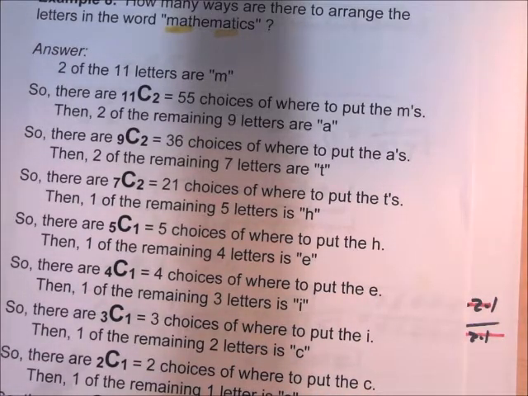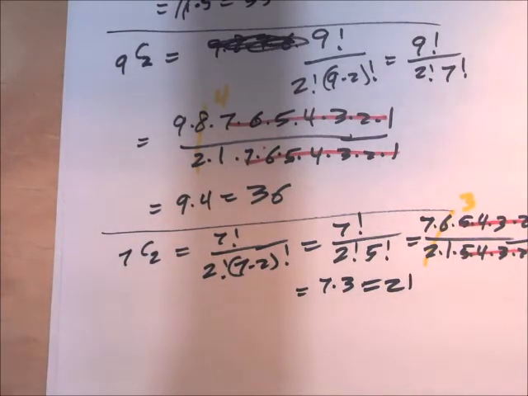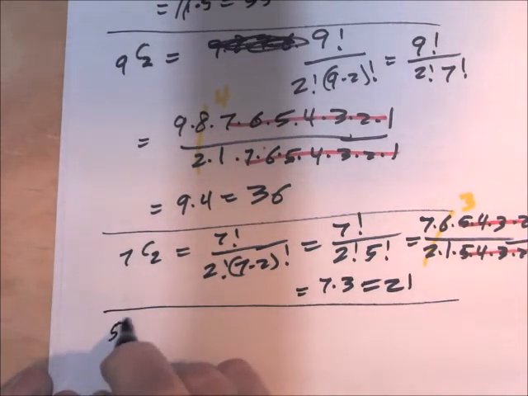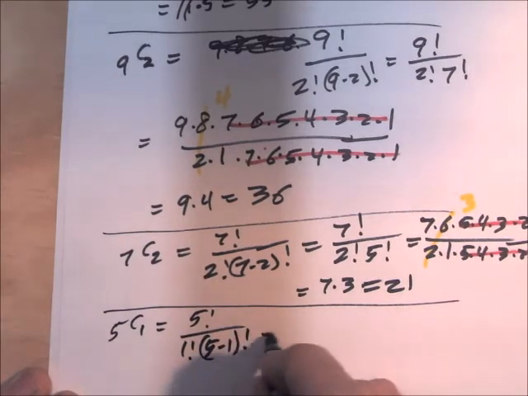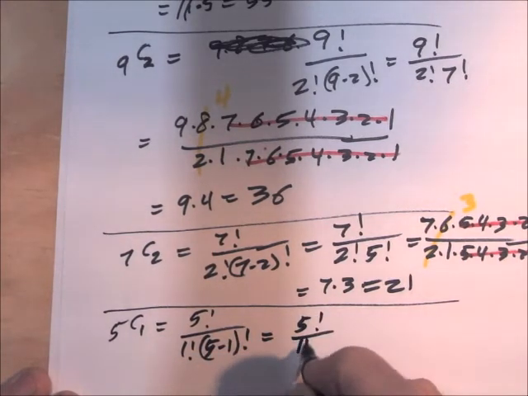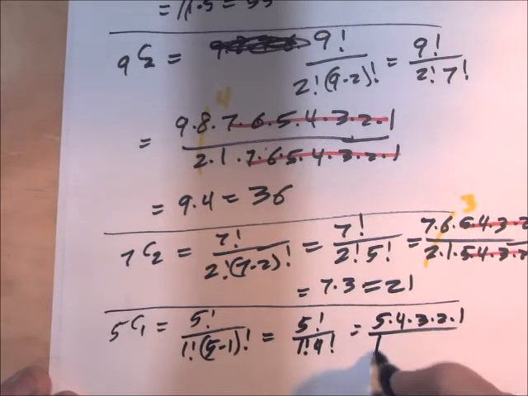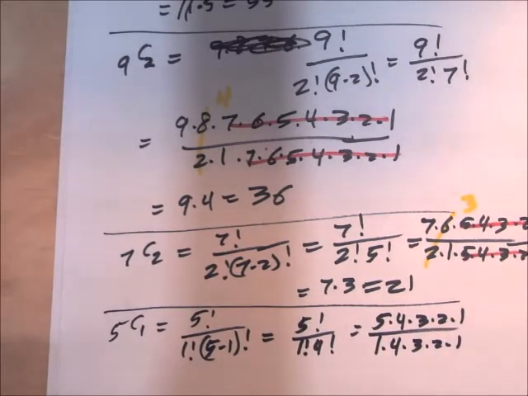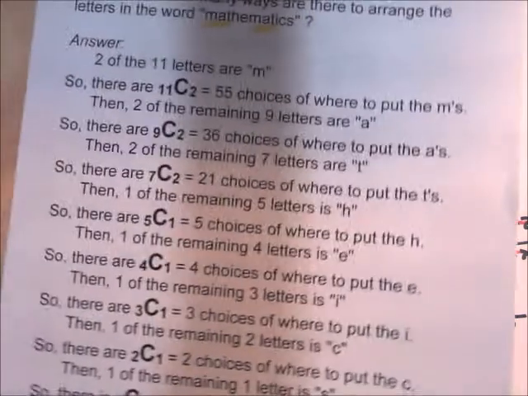If we make H the next one, we have 5 choose 1 choices of where to put the H. 5 choose 1 is 5 factorial over 1 factorial times 5 minus 1 factorial, which is 5 factorial over 1 factorial times 4 factorial. 4 on down will cancel, and we'll just have 5 divided by 1, which is 5. So 5 choose 1 is equal to 5.